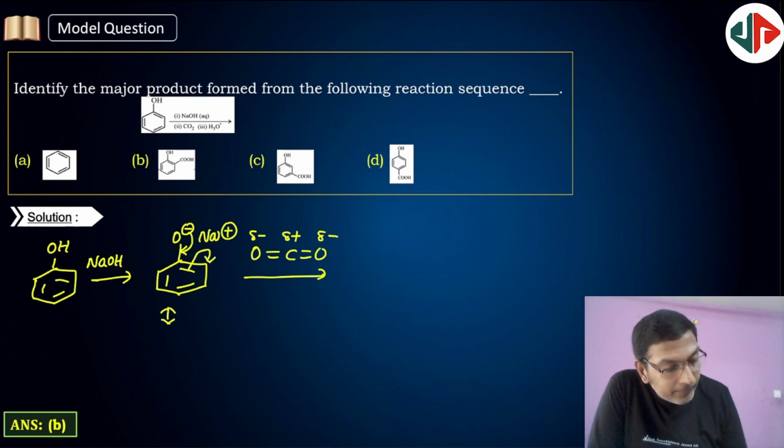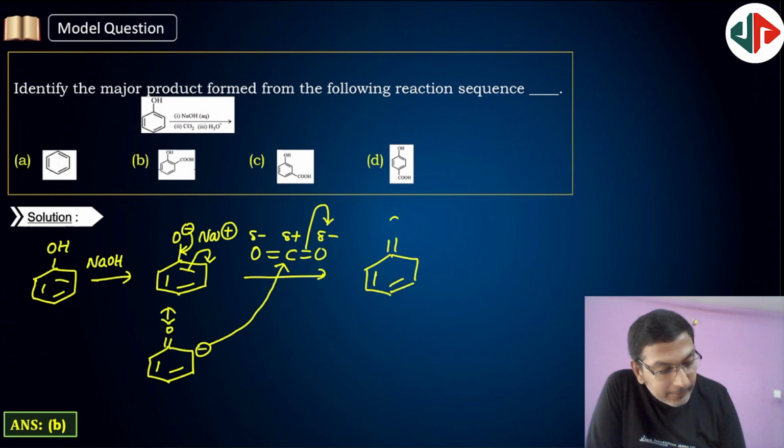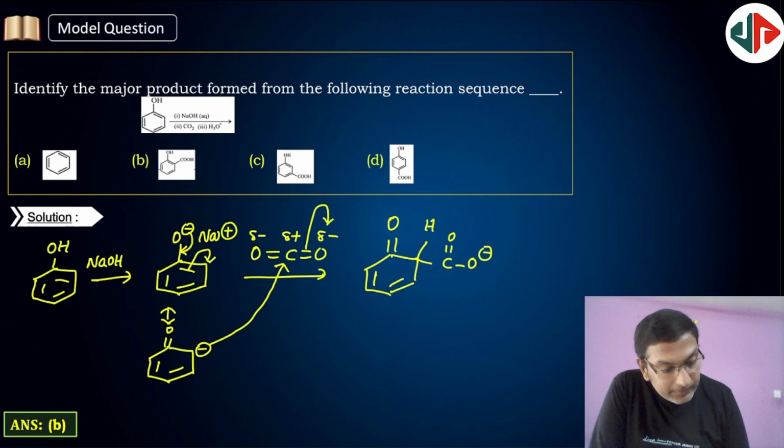Resonance structure. C double bond O, here minus. So this minus attacks the electron deficient carbon. Here we will get a compound like this. Here one hydrogen will be there, COO minus, and here Na plus should be there.